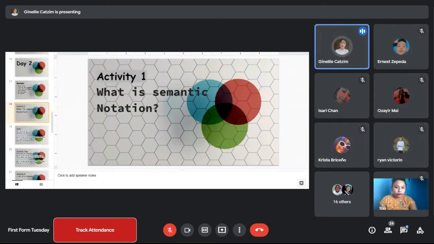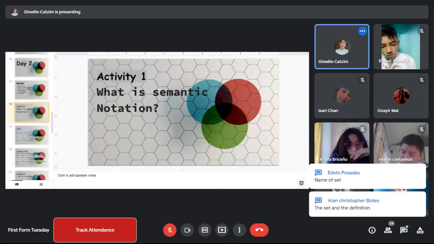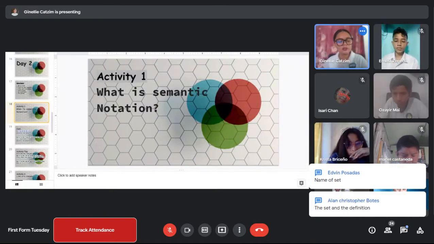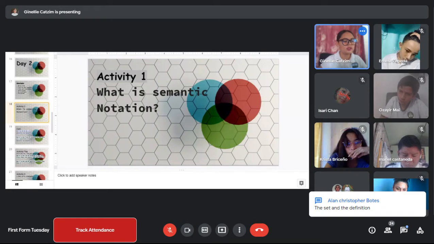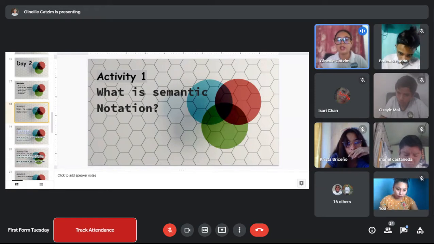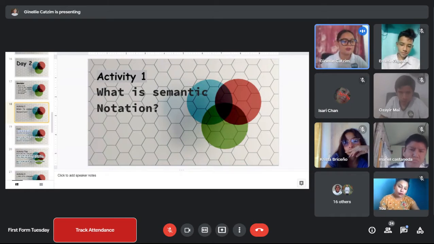It has 2 basic things, which are, I'm not hearing you guys. Name of set, says Edwin. Okay. The set and the definition. Very good. It has the name of the set and it has a description.